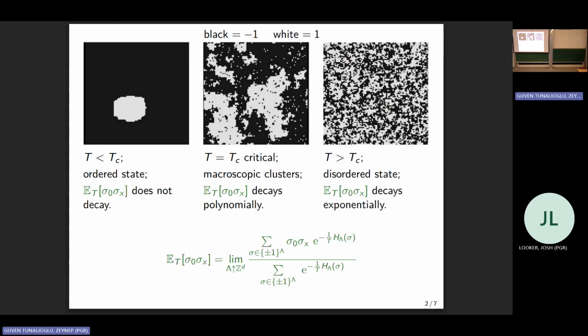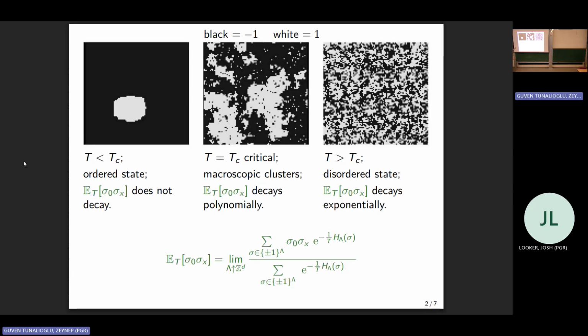So this is what it actually looks like. In this sketch, black dots represent spin -1, white represent spin 1. And it turns out that there exists some critical value for the temperature where your system changes behavior. At low temperatures, you usually have some ordered state.